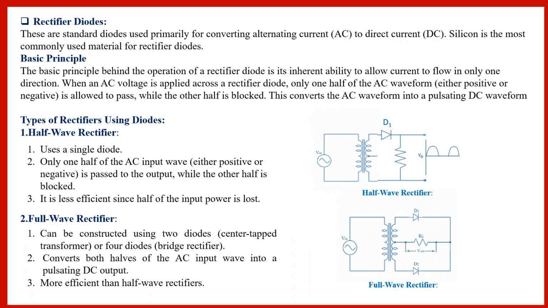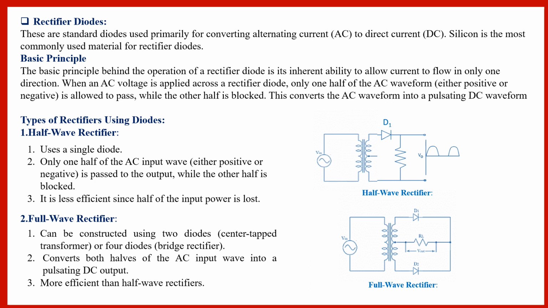Silicon is the most commonly used material for rectifiers. The basic principle of operation of a rectifier diode is its inherent ability to allow current to flow only in one direction.